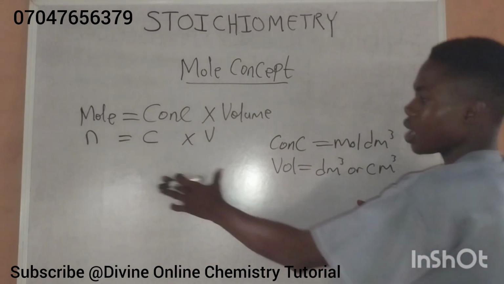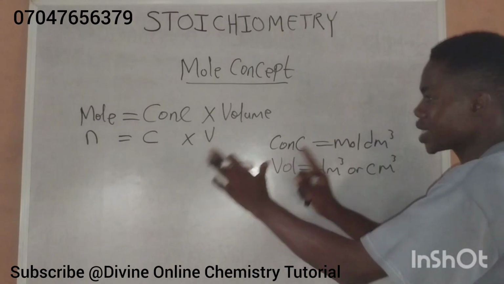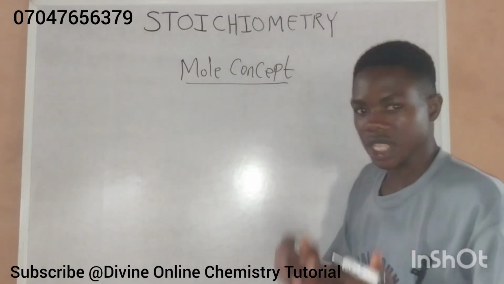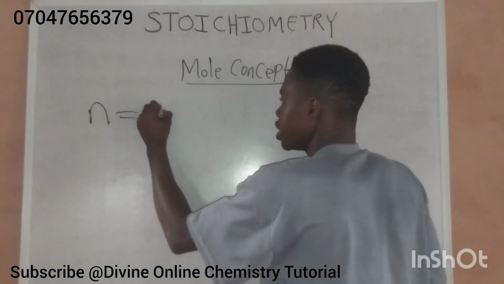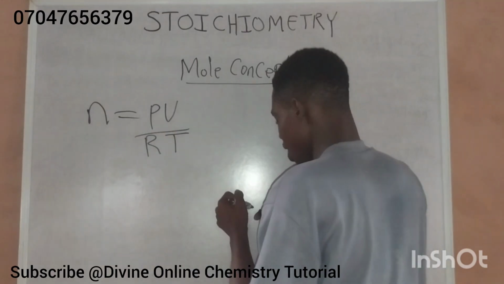This is a useful formula under mole concept, under stoichiometry. Please take note of this formula. The next formula that we'll be talking about is N equals PV over RT.